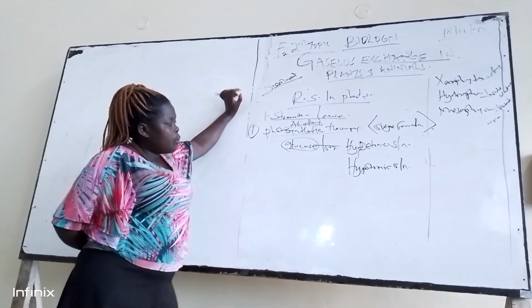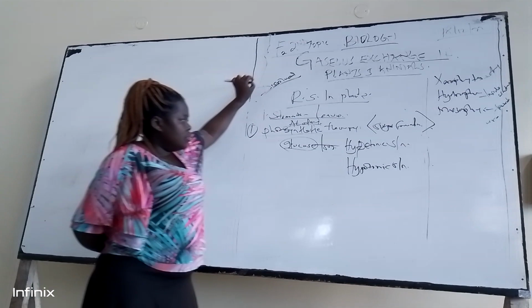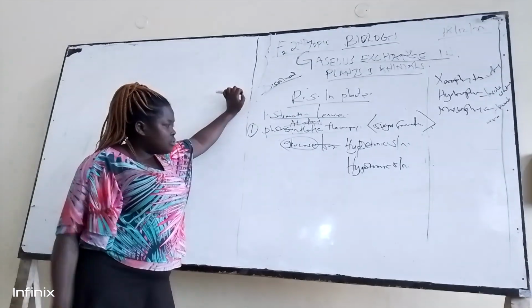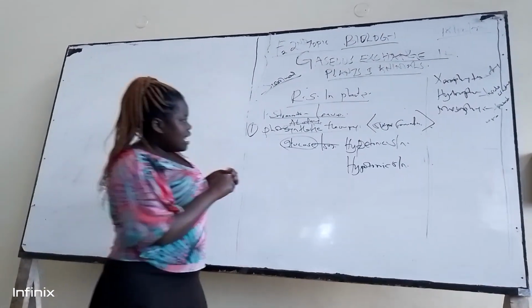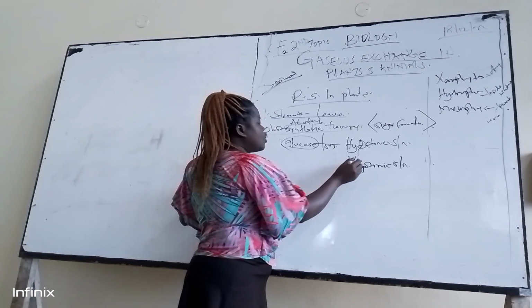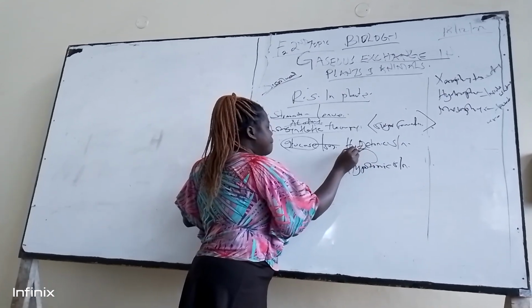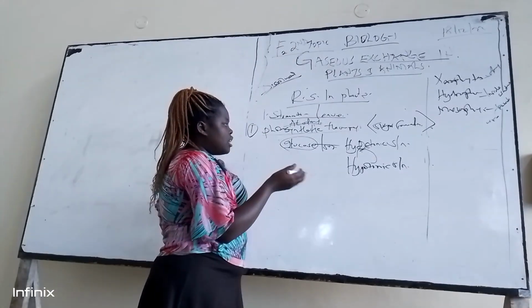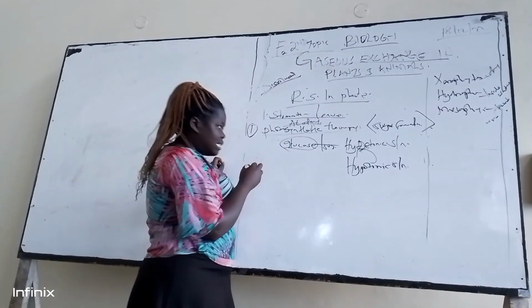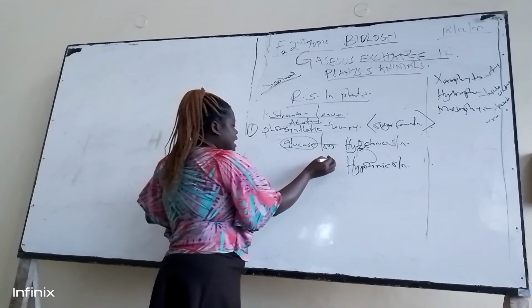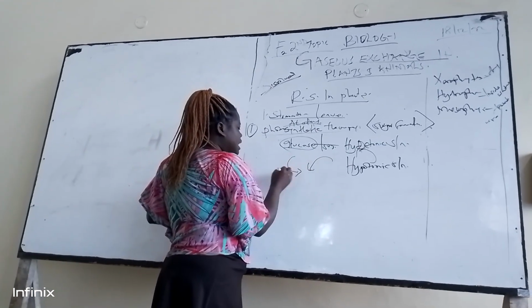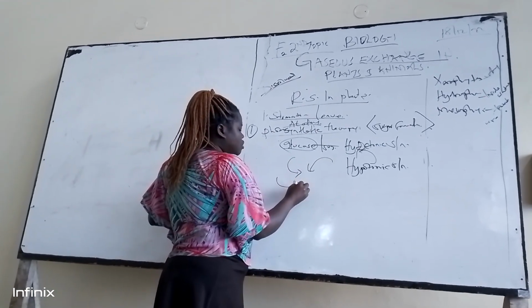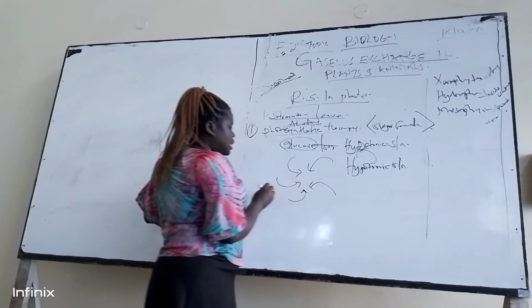With this, due to osmosis, water will move from the hypotonic solution to the hypertonic solution. Water will move from the epidermal cell, the outer side of the guard cell, and be drawn into the guard cell.